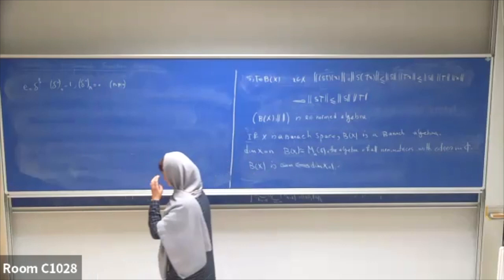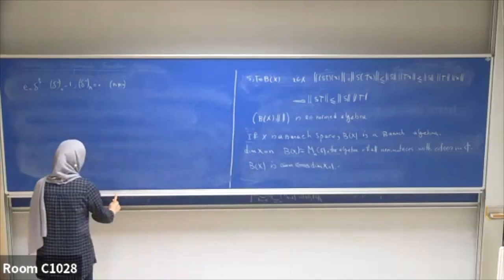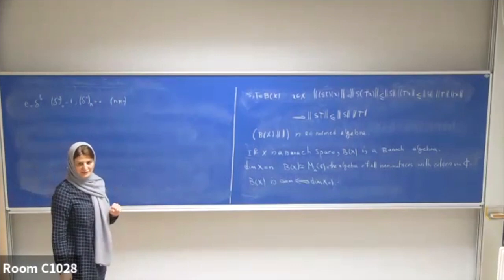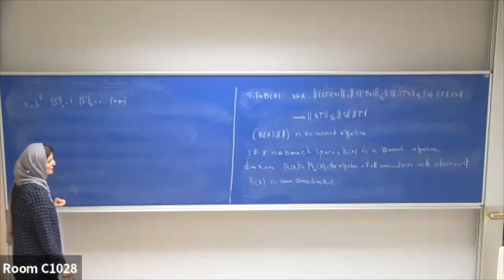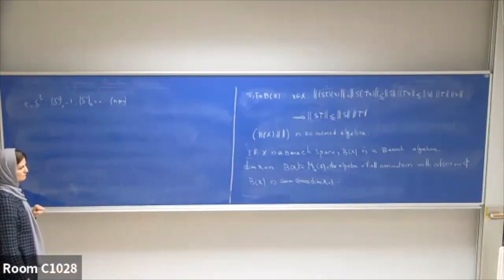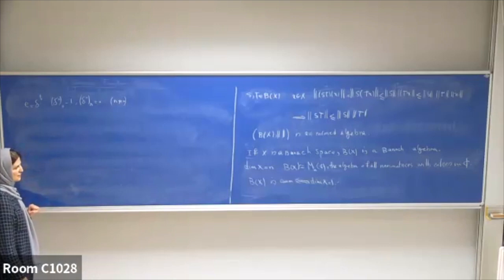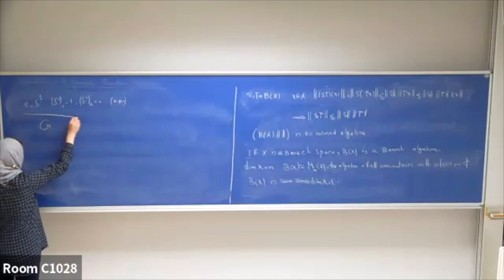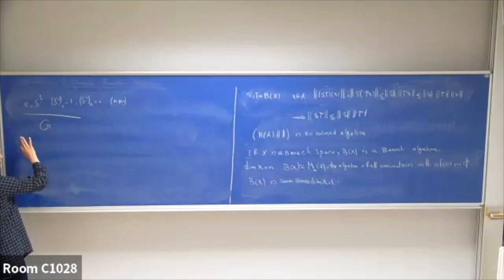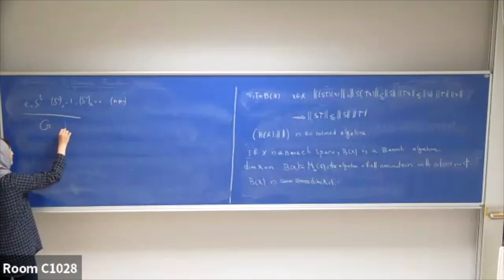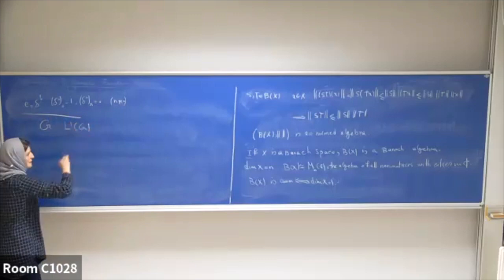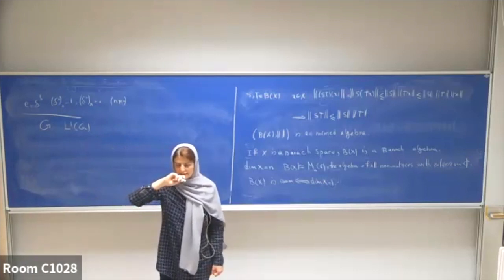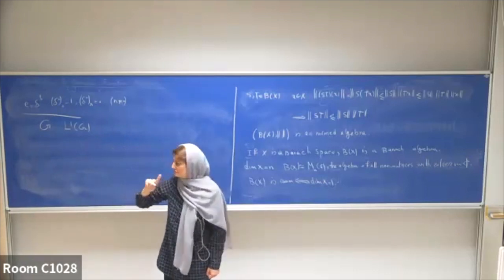Actually, one remark. I say convolution as a multiplication because I want to mention group algebras. If G is a locally compact group with a left Haar measure, and L1 of G is the Lebesgue integrable functions as usual, and the norm is exactly as usual.